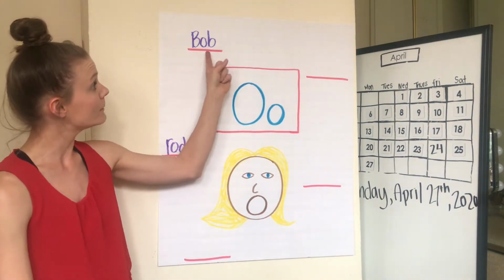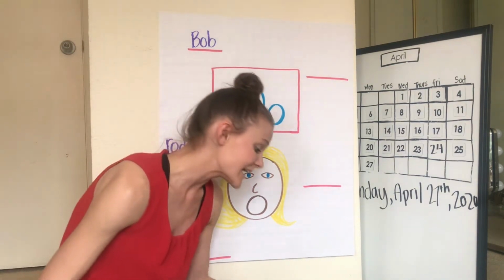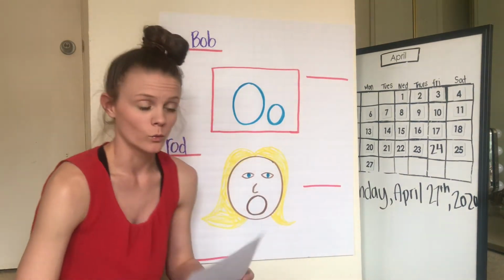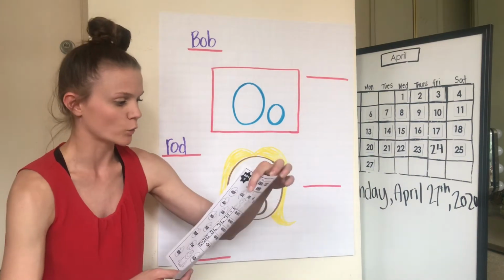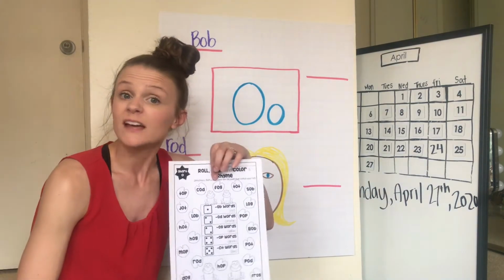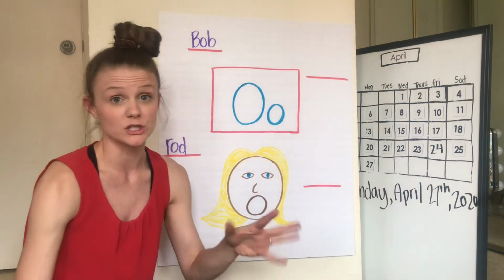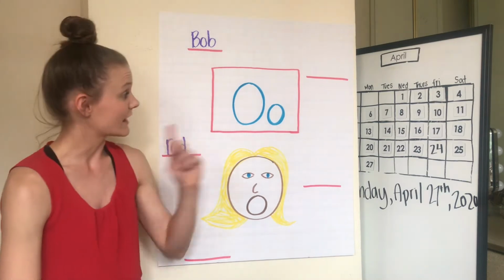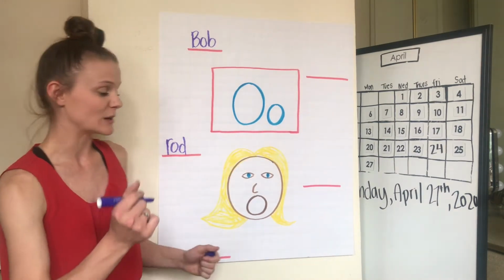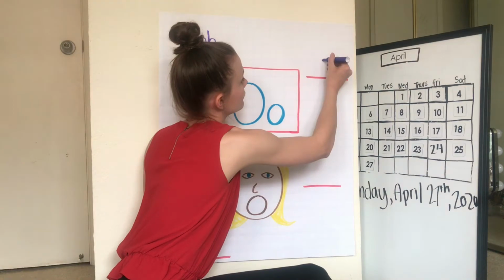We have Bob, rod. Next we have og words. So when I look on here, oh, I see the word fog. Like we see sometimes in the morning time in the winter, fog ends in og. So that makes the ah sound.